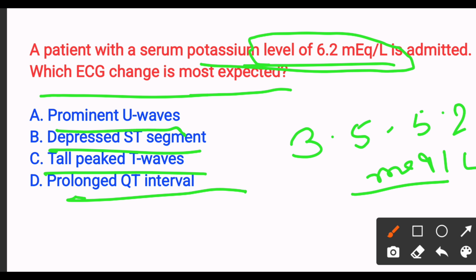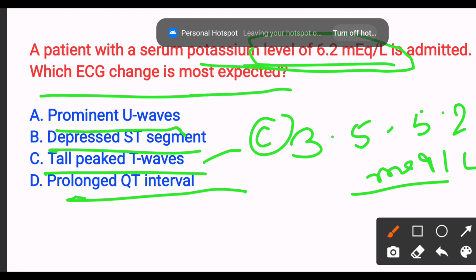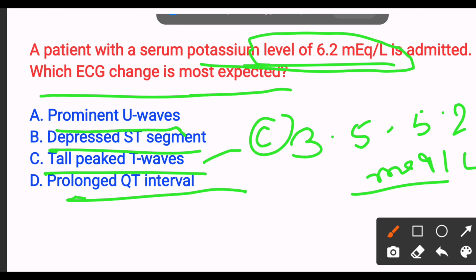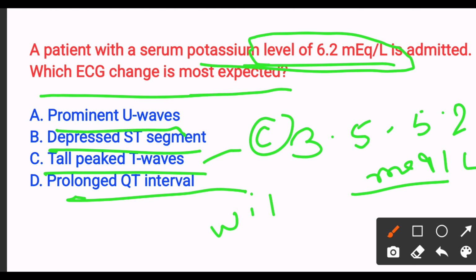The answer will be option C. When the potassium level is increased, the T wave is peaked. It happens in hyperkalemia. It typically causes tall tented T waves, widened QRS complexes, and eventually loss of P waves.